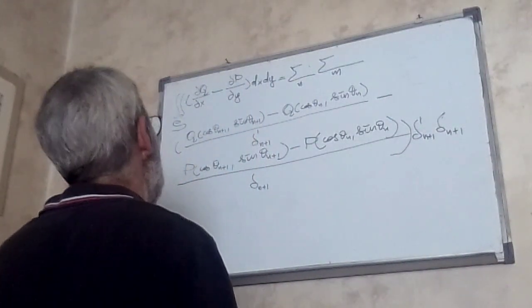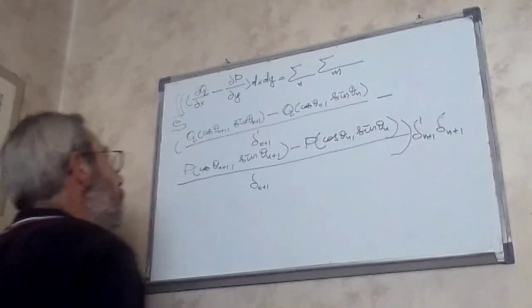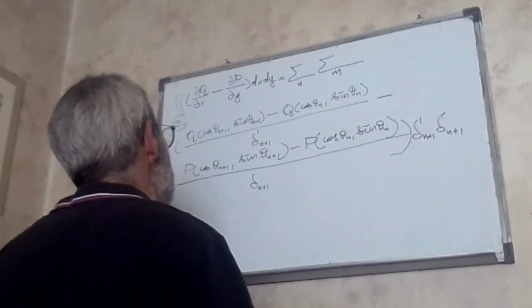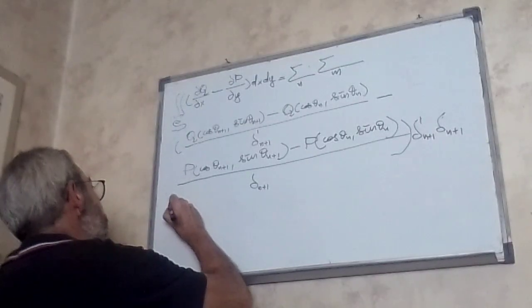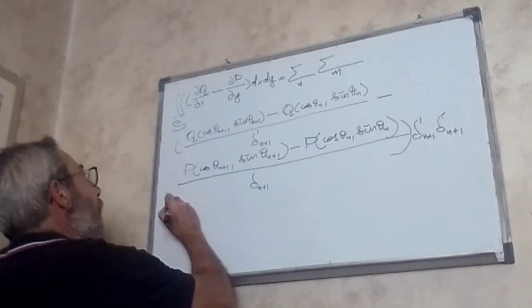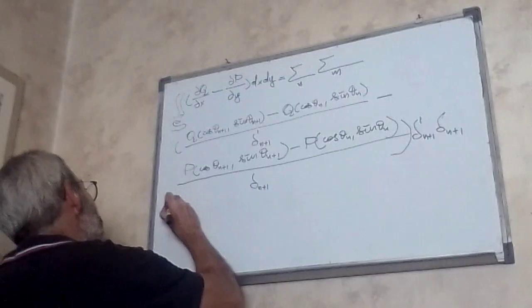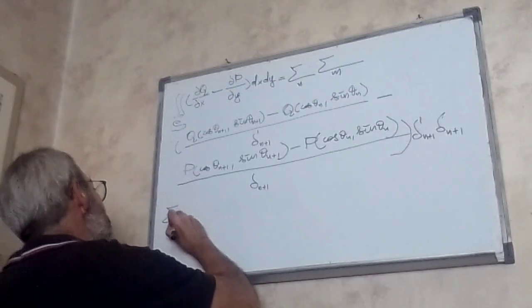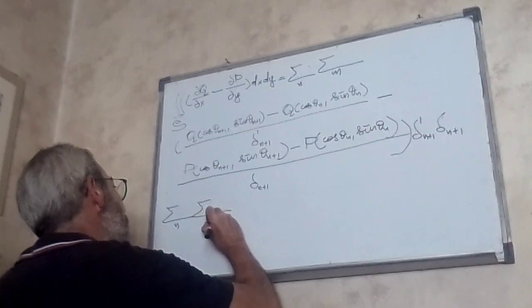So that given this simplification, we have again a double sum on m and on n.